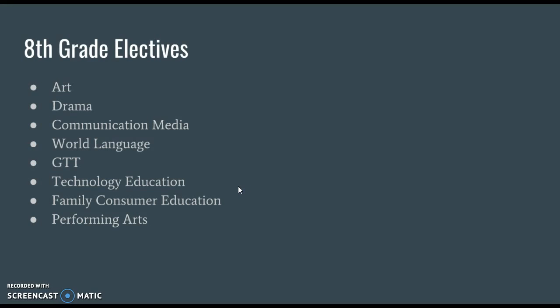That moves us into our other 8th grade electives. We have a wide array of different electives that students can take. We have an art class, drama, communications media, our world language that we just talked about, our Gateway to Technology, our GTT class, technology education, family consumer science, which involves foods and sewing, 2 different classes there, and also some performing arts stuff.